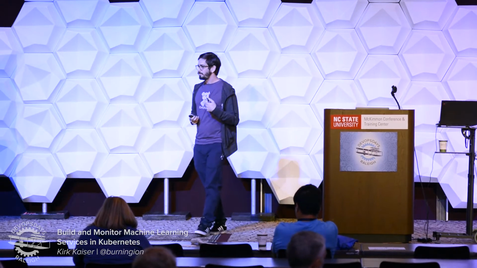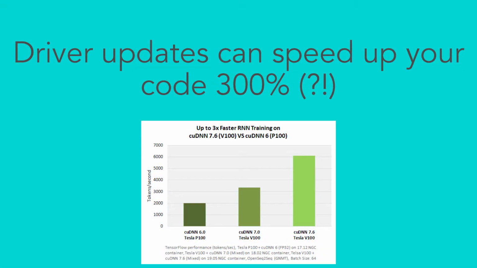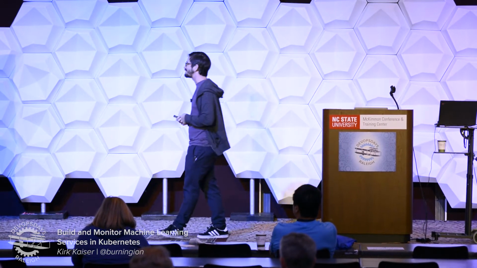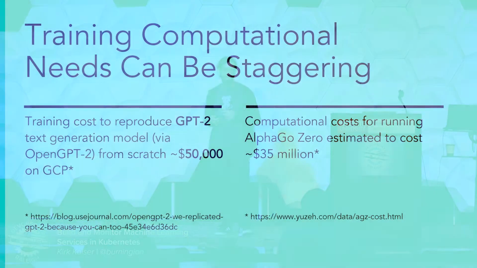Another wild thing that was very new to me is that a driver update can speed up your code 300%. I don't know how many people had their code sped down by 20% with a driver update for a certain processor recently. But sometimes they go the opposite way. And the computational needs can be really staggering. And for me, this is kind of the sad panda moment.